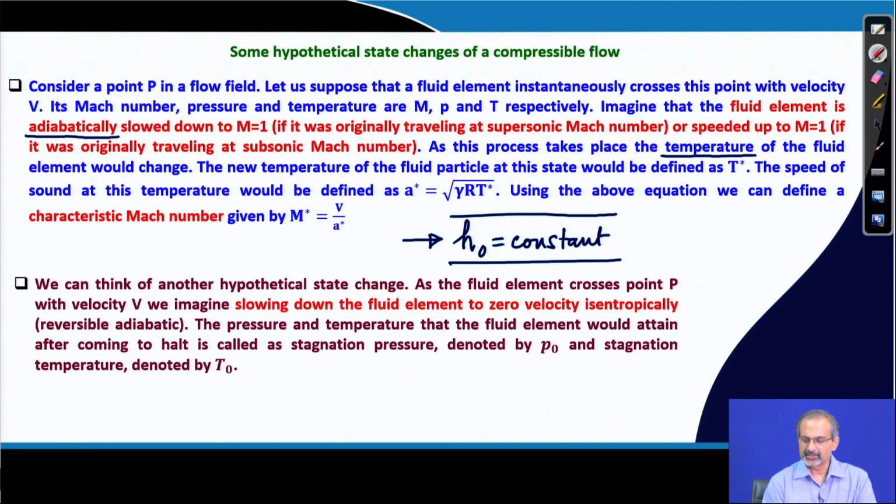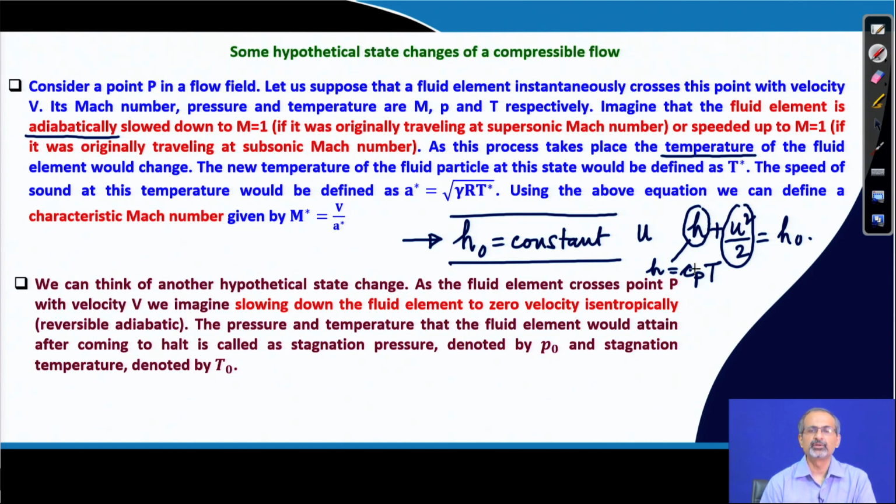The basic idea is that as long as the flow remains adiabatic, the stagnation enthalpy remains unaltered. Therefore, even in this case, the velocity is changing, so this portion of the stagnation enthalpy expression will change, and in order to compensate, the static enthalpy has to change. Static enthalpy for a calorically perfect gas is linked with temperature, and therefore the temperature of the gas would change.